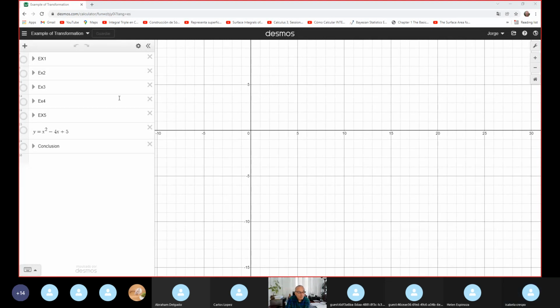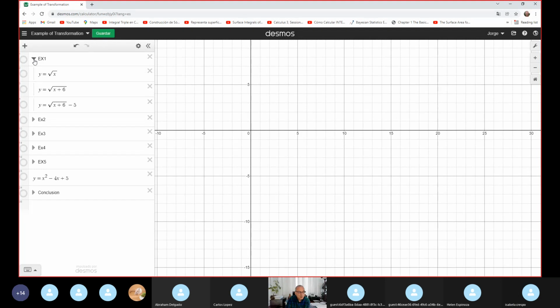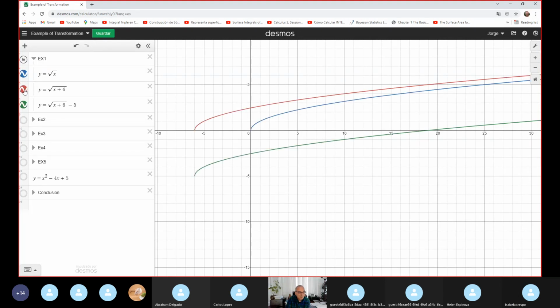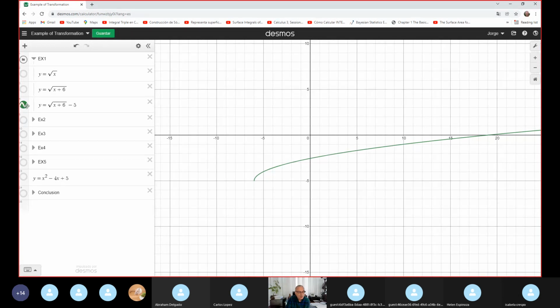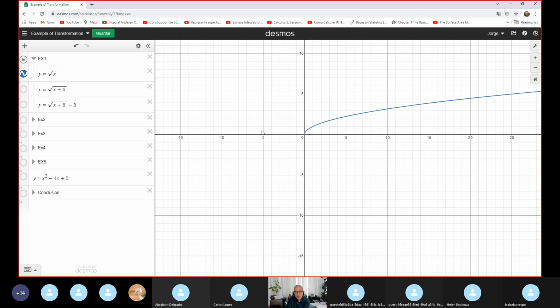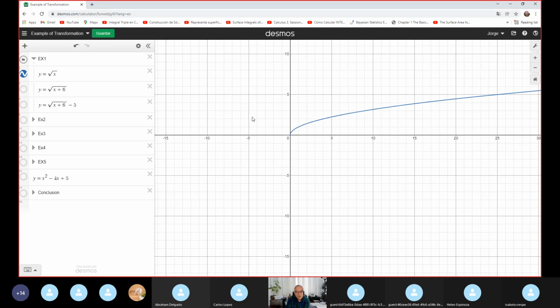Yes. This is example one. Look, in example one, the function that we have is, okay, step by step. The original function I want to graph is this. And this is how you get that. When you start at the beginning, the square root function is this. The first transformation was this.